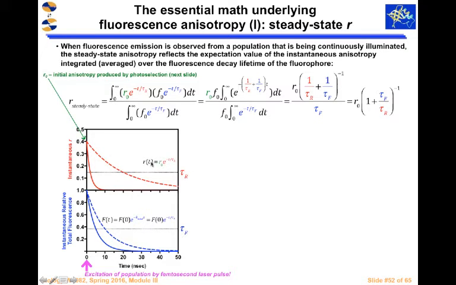The math of anisotropy is such that the decay in anisotropy is described by a single exponential. The time constant for the single exponential is the rotational correlation time. That's the very clever part of anisotropy: it is related in a very simple way to an important and simple physical property, the rotational correlation time.